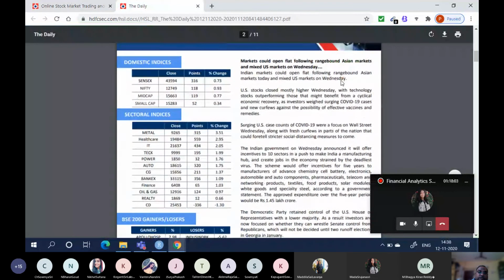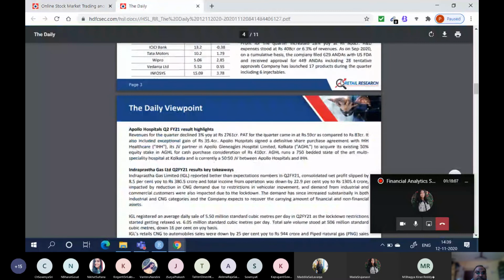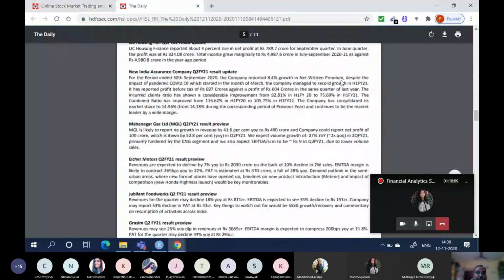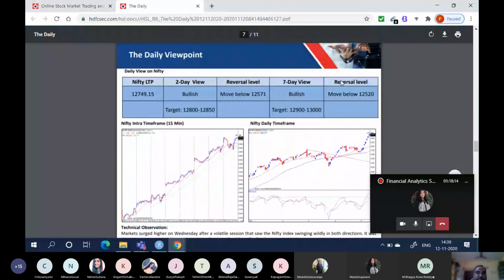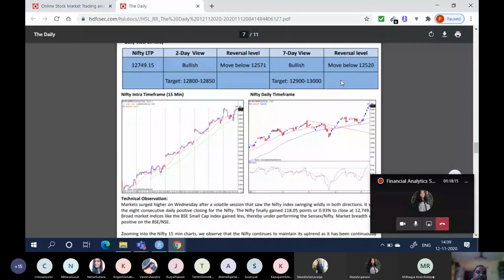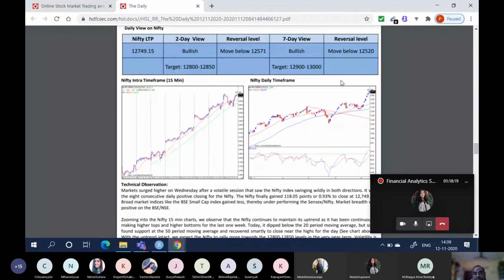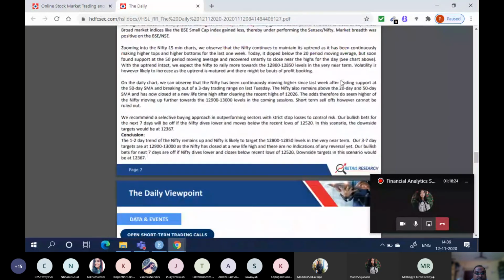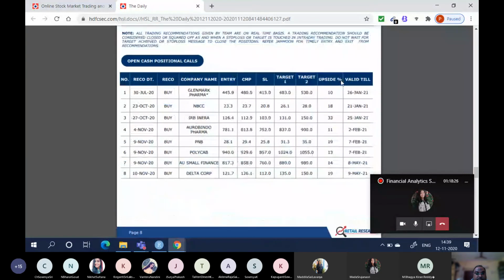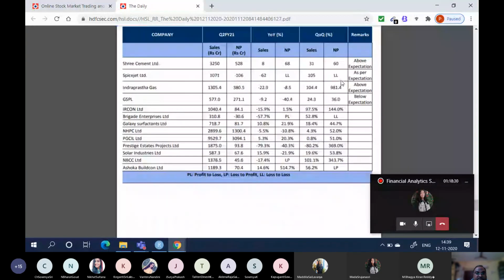So see here. Domestic indices, global indicators, daily viewpoint is not there. Anything else? Yeah, see here. They are using candlestick charts with the stochastic oscillator, and then generating buy and sell signals based on technical indicators only.